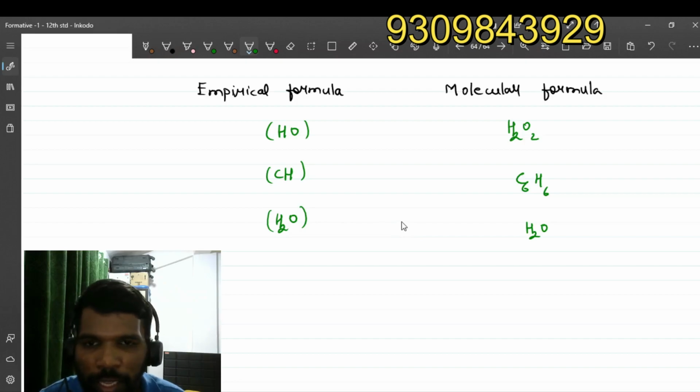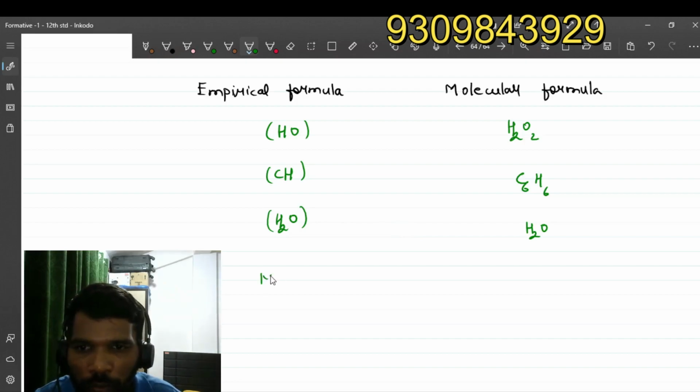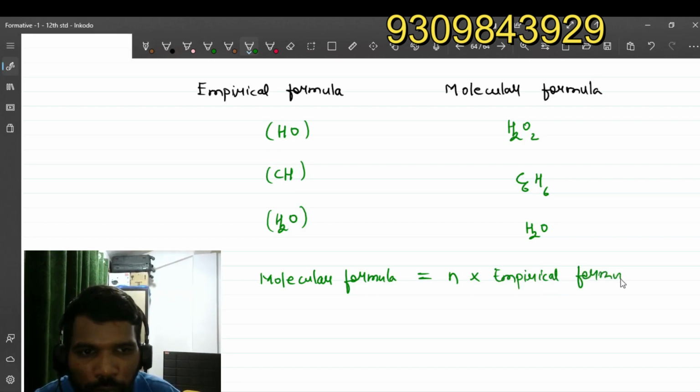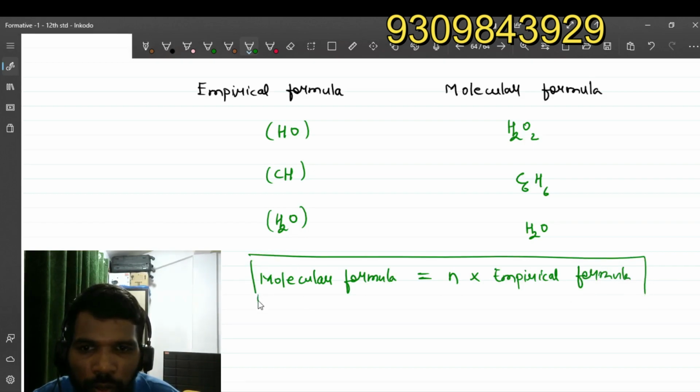So what we can write is that molecular formula is equal to N into empirical formula. This is a relation we can use.